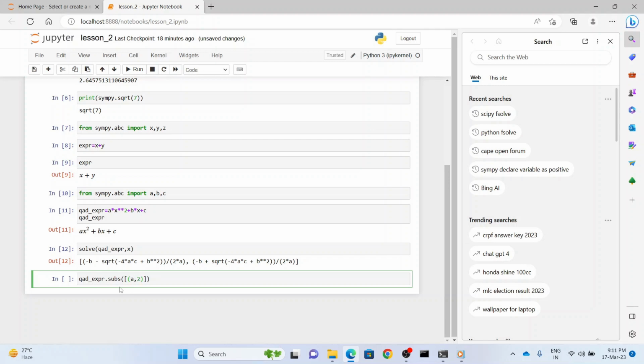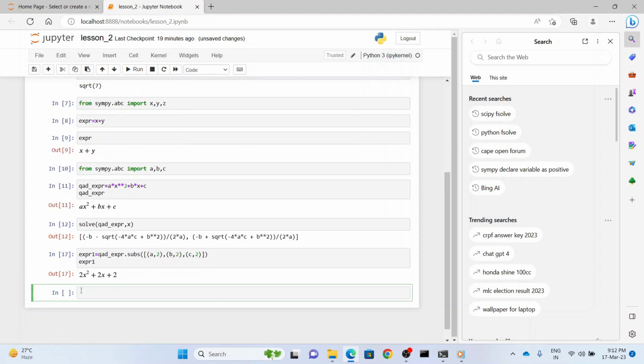So we take a as 2, we also take b as 2, and we also take c as 2. And we of course assign this to another variable, that is expr1. And we see the output of expr1. So as you can see now, the equation is 2x squared plus 2x plus 2.